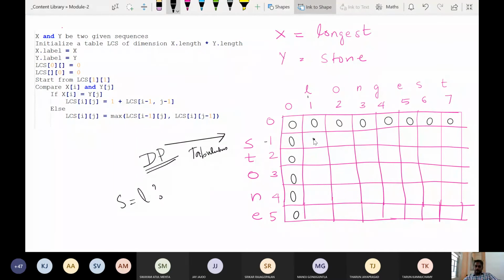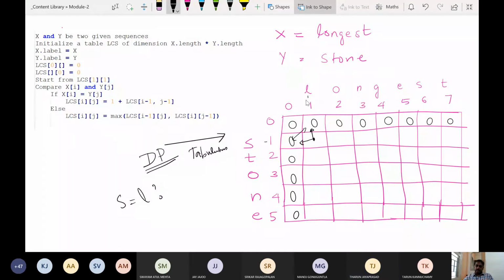S is not equal to L means for this cell we are going to fill, you have to go one cell up, and go one cell left. Compare these two values and write the maximum. So this is the algorithm.